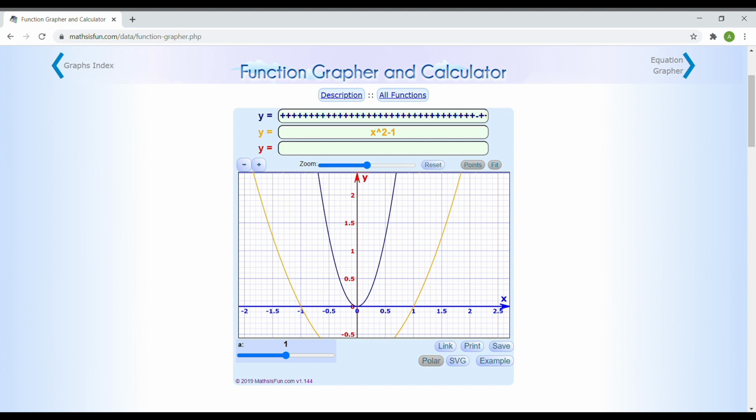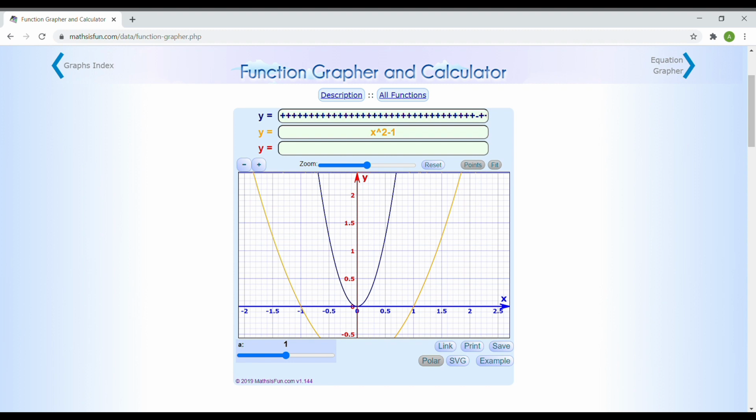Whenever a quadratic expression is cutting the x-axis at 2 points, we can confidently say that those 2 points are the roots of the quadratic expression. What do you mean by roots? Roots are nothing but, if you substitute any one root, let's say if you substitute 1 in the place of x, that will satisfy the equation. If you substitute any root, it will satisfy the equation.